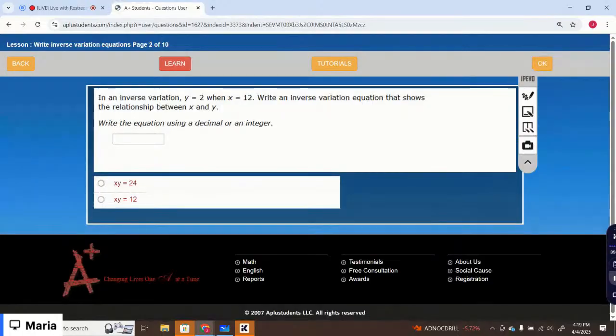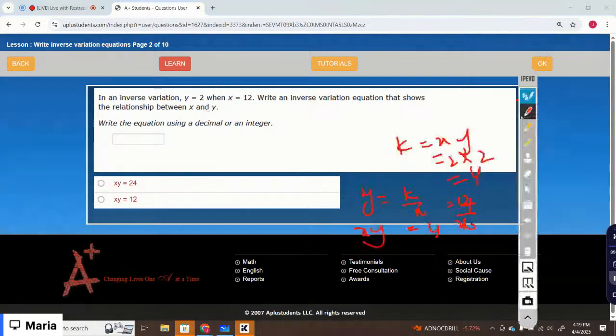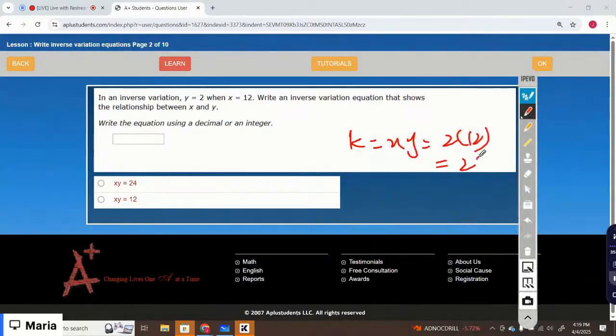In an inverse variation, y equals 2 when x equals 12. Write an inverse variation equation that shows the relationship between x and y. So let's just calculate the k. K equals xy. So 2 times 12, that is 24.